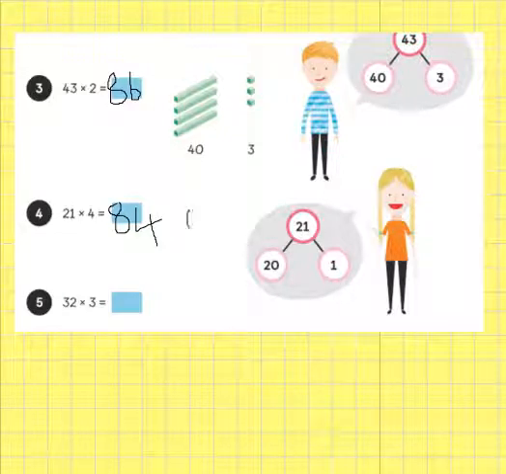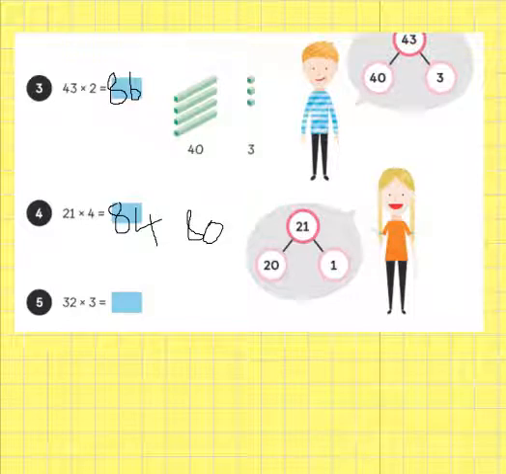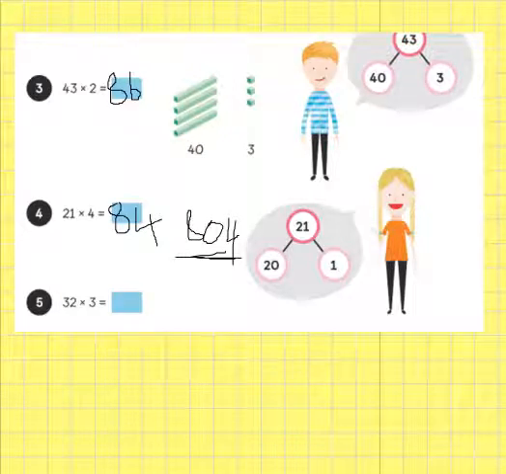If I'd put 80 and then put 4, actually have a look at my answer, it's 804, which it cannot be because it is not a big enough number, 21 multiplied by 4, to get 804. So I do need to be careful and make sure that I'm writing my work carefully and checking it when I've done it.